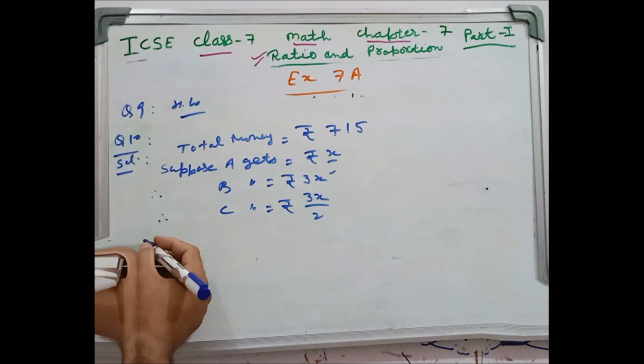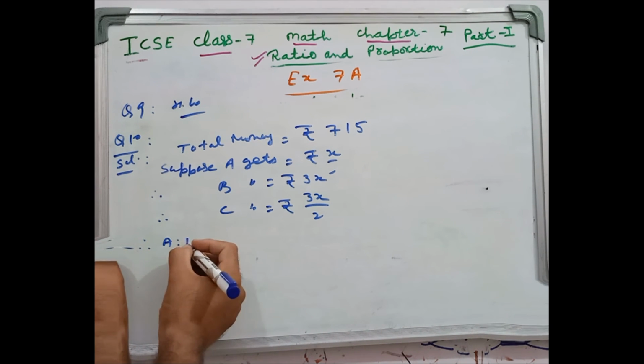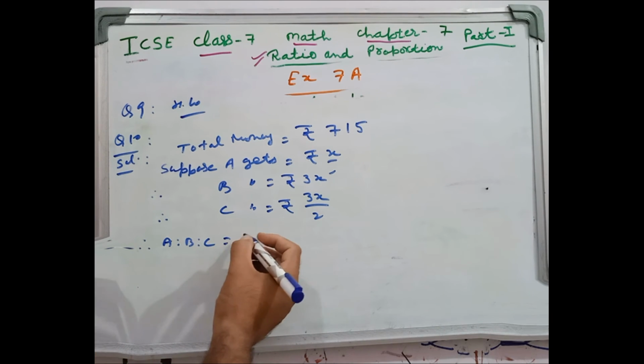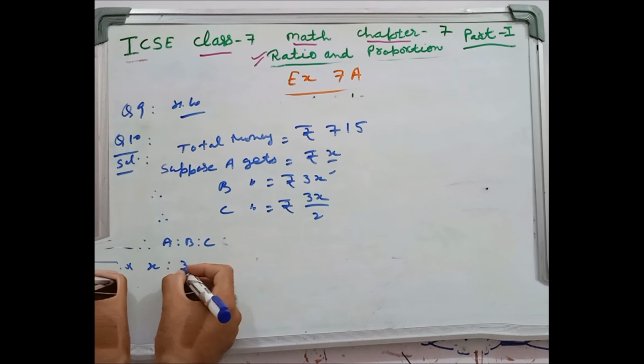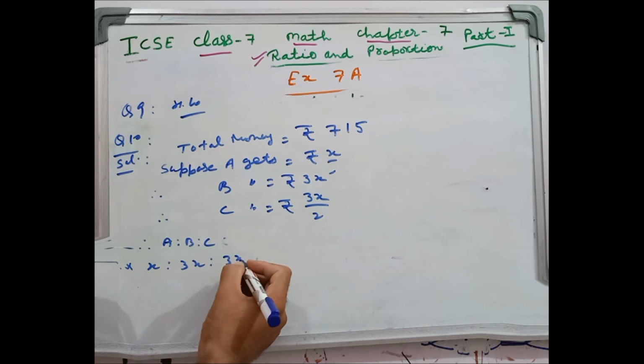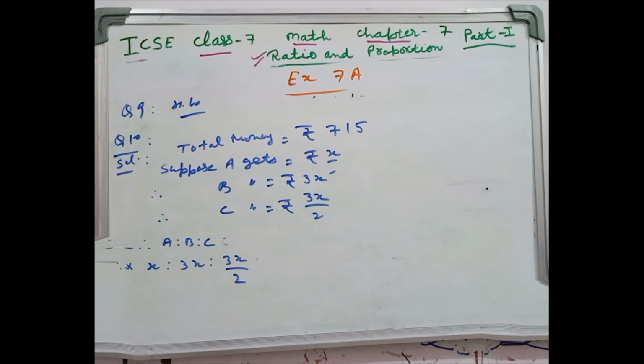So therefore our ratio A : B : C will become x : 3x : 3x upon 2.